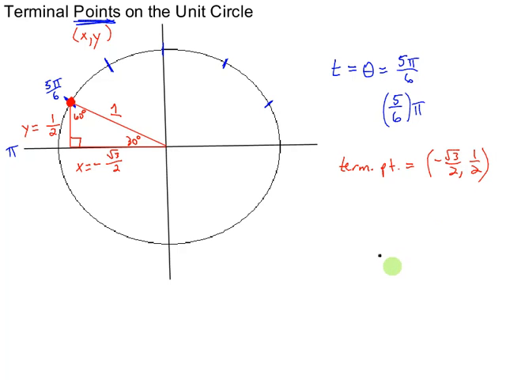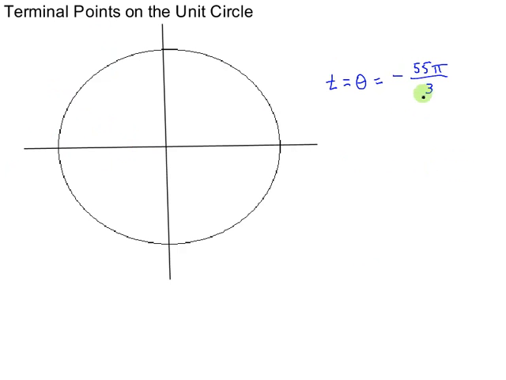Okay? Let's try a harder example. So now our t or theta value is negative 55 pi over 3. The easiest thing to do in this case is to rewrite it as a mixed number. 3 goes into 55 18 times, so you've got negative 18, with one remainder left over, so negative 18 and 1/3 pi's.